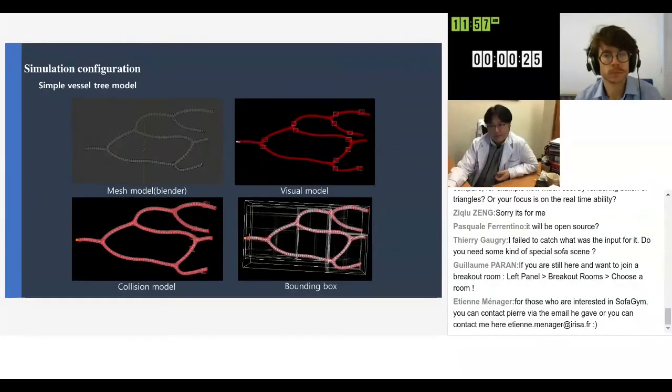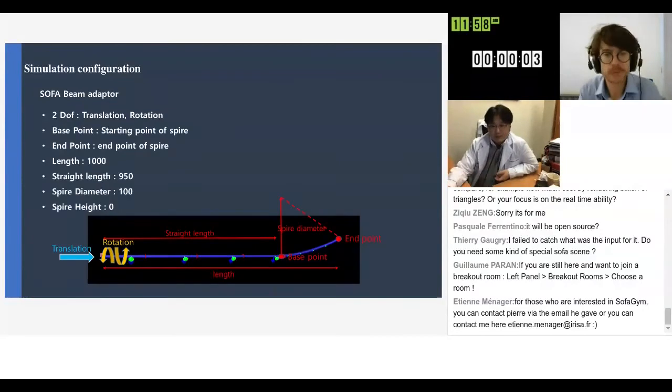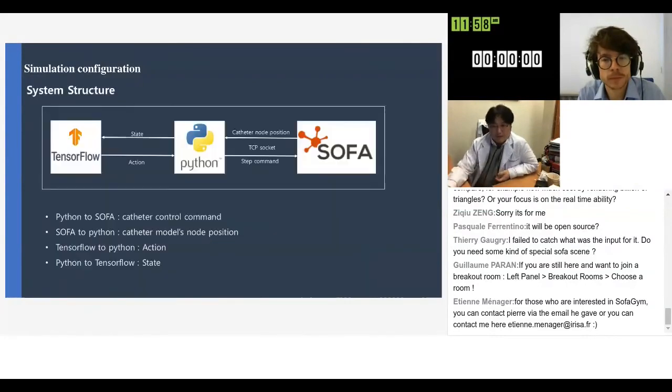And through a very general process of simulation setup, and with the kind help of the SOFA community, we were fortunate enough to utilize this SOFA beam adapter module, so that we could very easily implement our work by simply setting some parameters in the beam adapter module.